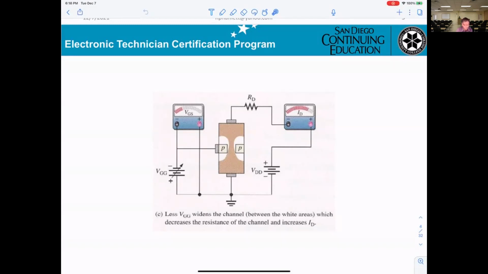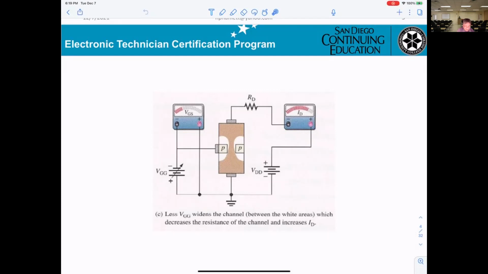More or less voltage gives more or less current, and that current controls the bipolar transistor. The bipolar transistor can amplify. That means the current IC equals beta times IB.